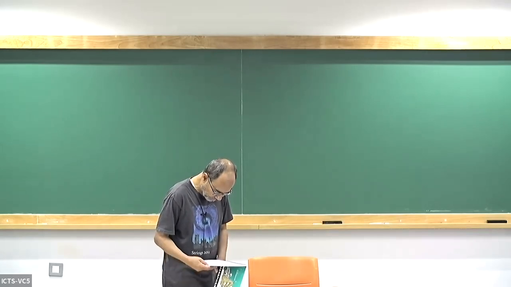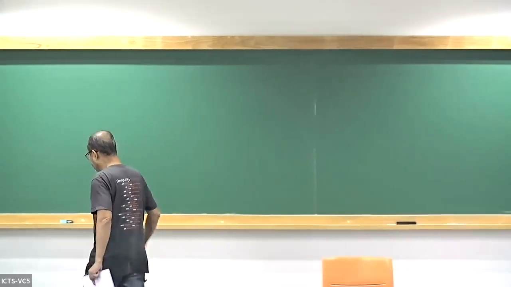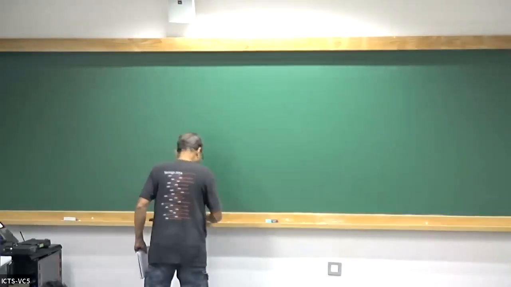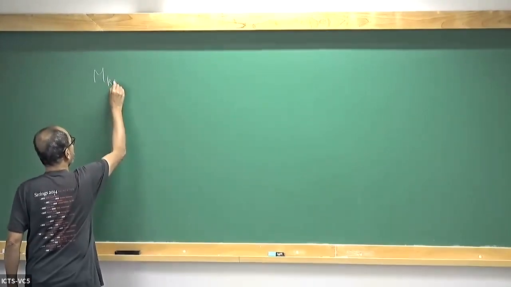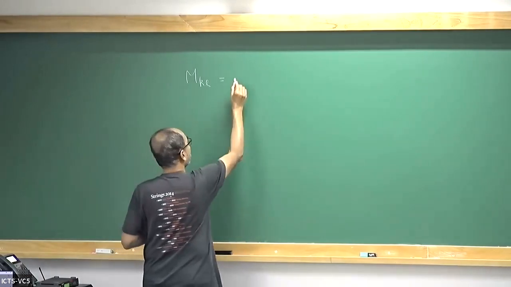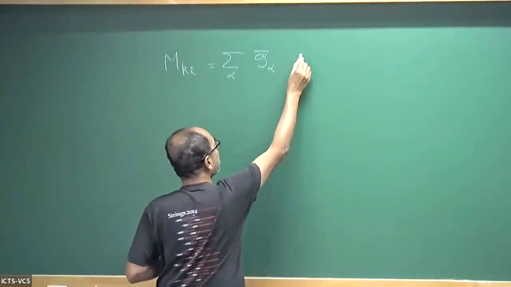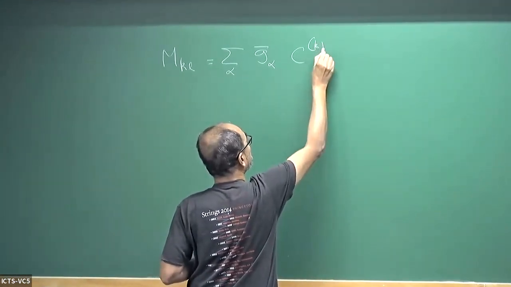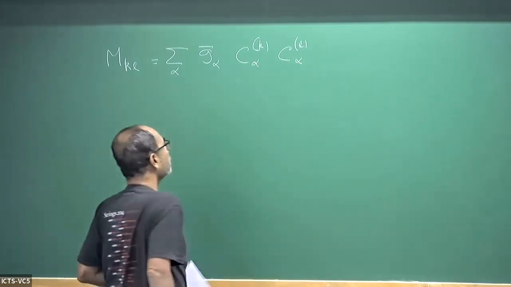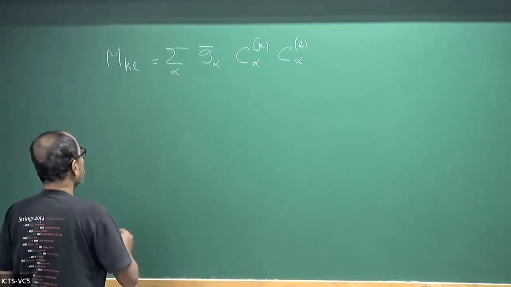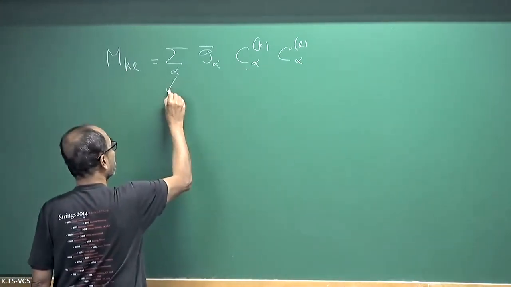Okay, so let me start by writing down some of the formulae that we arrived at yesterday. We introduced the matrices M_KL, which is a sum over alpha. Let me first define this: the sum over alpha runs over all particles.